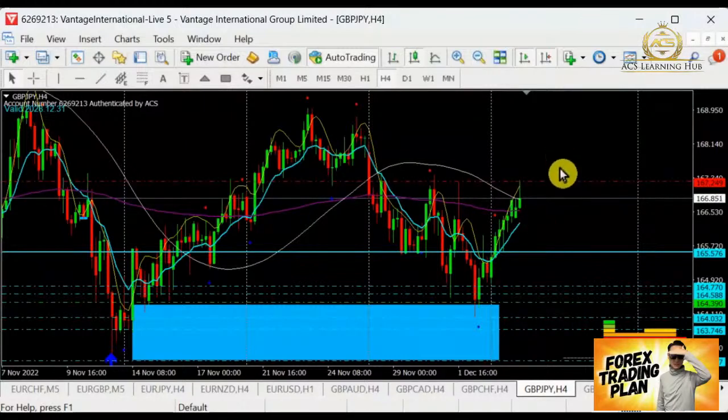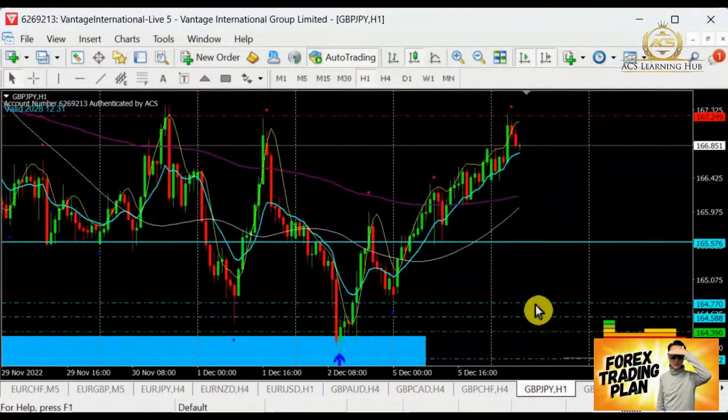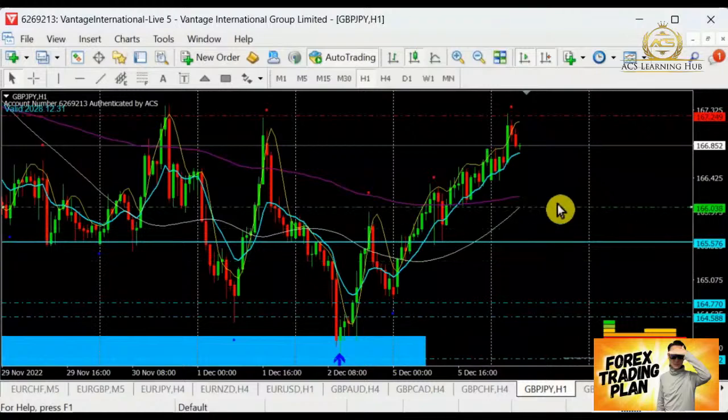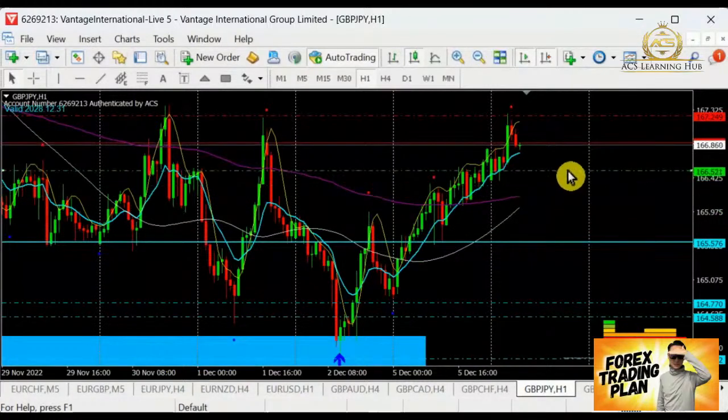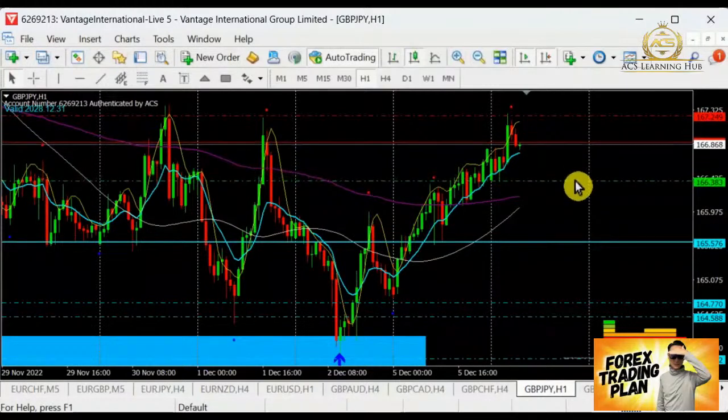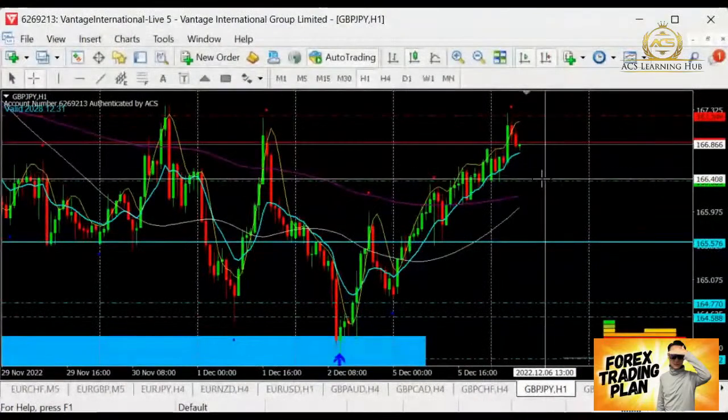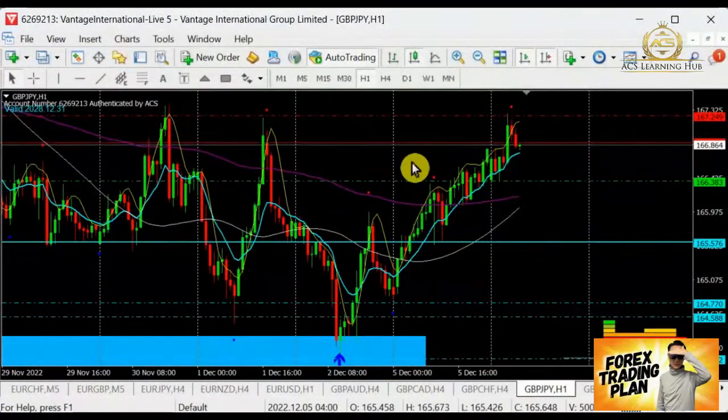So in this case, probably we may be looking out for some selling, but the support is actually pretty near. Over here, there's one, two. Looking at this, the support over here is about 49 pips away. But will there be a good chance for selling? Then we have to look out for the opportunity later on when the pound market opens.